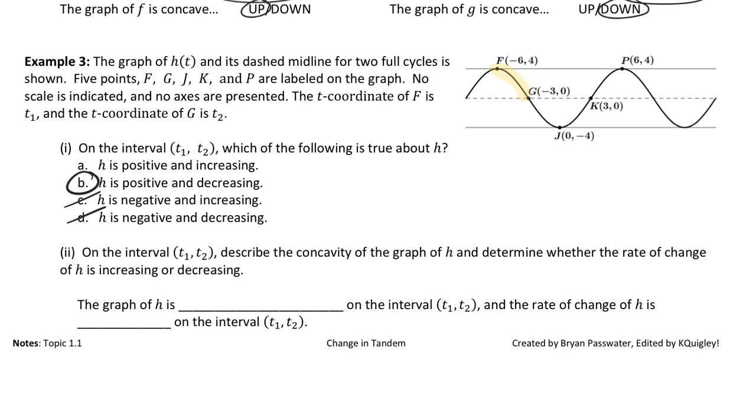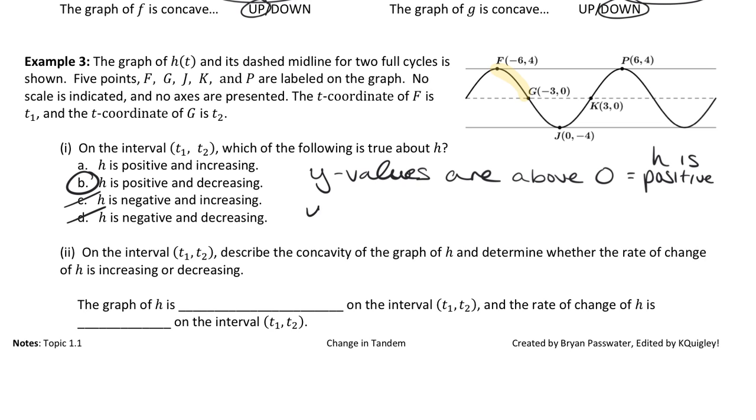So let's remind ourselves what this means. We know that the y values for this graph are above 0, which means that we know it is positive. Y values above 0 means H is positive.